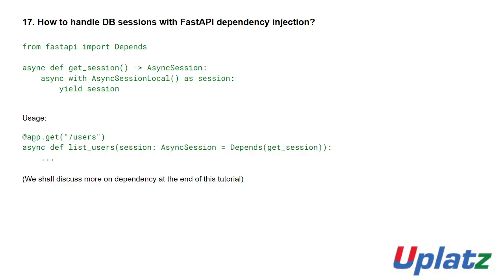Usage: @app.get("/users") async def list_users(session: AsyncSession = Depends(get_session)). This is how injection is used. We shall discuss more on dependency at the end of this tutorial.